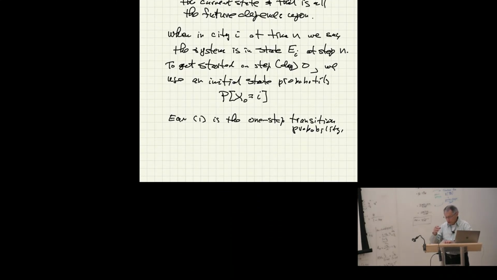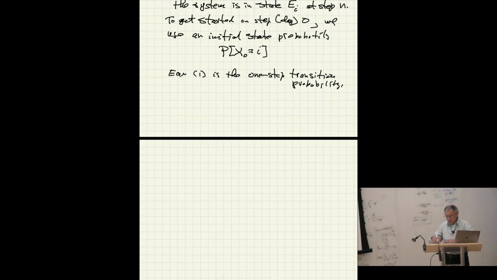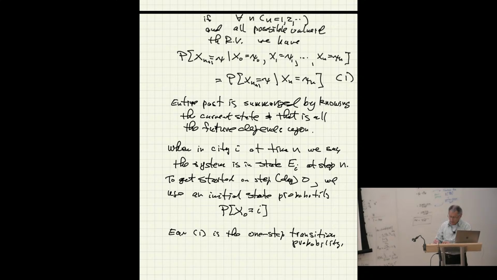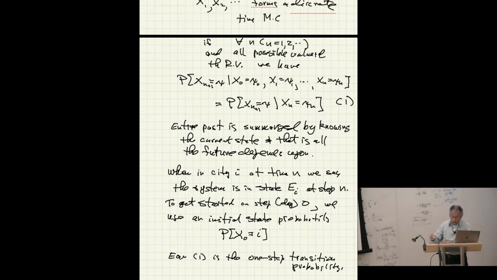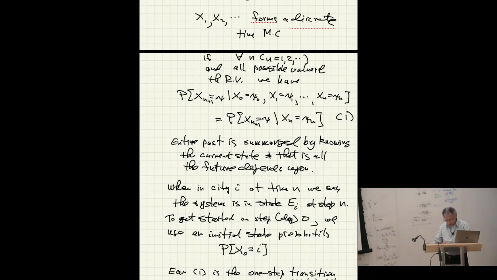And by the way, I'm using this example, but I'm creating some general statements here. These comments, this probability equation 1, doesn't depend on the example. The example just helps you think about what I'm discussing.